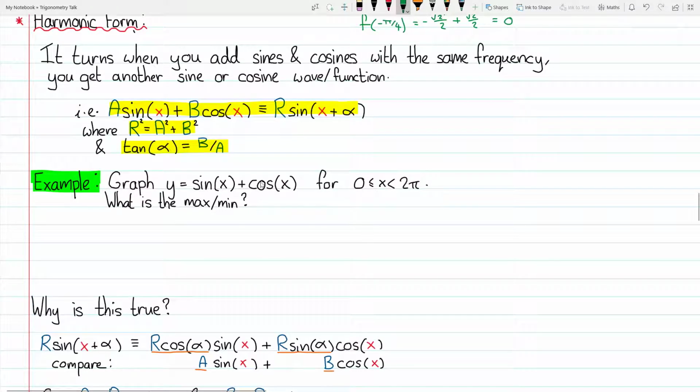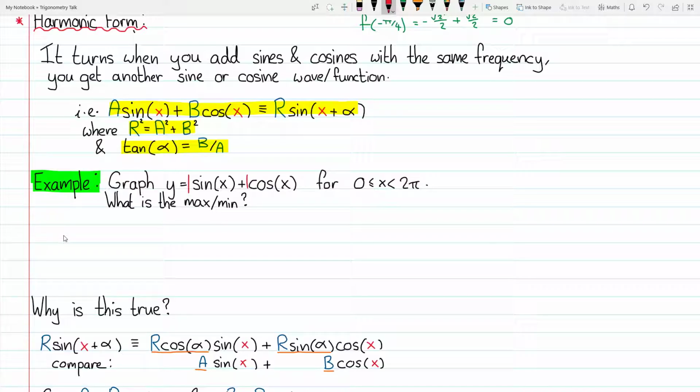The first example we can look at is graphing this function here. We'll look at why this is true in a moment. But notice how this is of this form, where a is 1 and b is 1. And so what we want to do is find what r is and what alpha is.